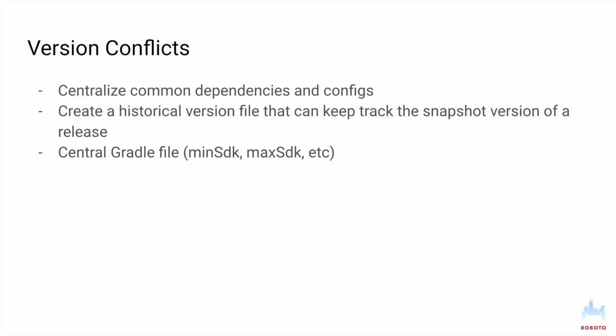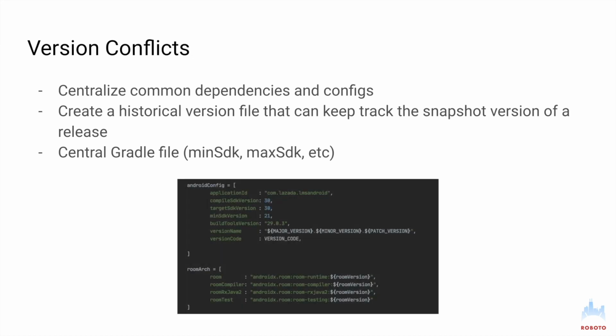Another issue is version conflicts, things like Gradle versioning. We want to centralize commonly used dependencies and configurations. We could create a historical version file that keeps track of the snapshot version of a release, and we would like to have a central Gradle file that handles things such as min SDK, max SDK, etc. So you'll ideally end up with something like this.